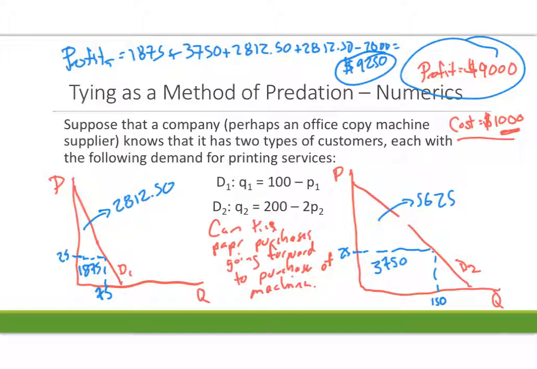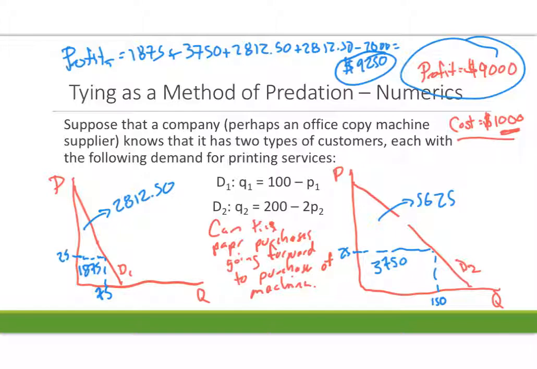So a lot of times when you see these tying arrangements, you get a lower price to start with because that gets more people buying the good and getting their foot in the door. And then because they're obligated to buy from them going forward, they extract that money moving forward by overcharging for the supplies, whatever it happens to be.